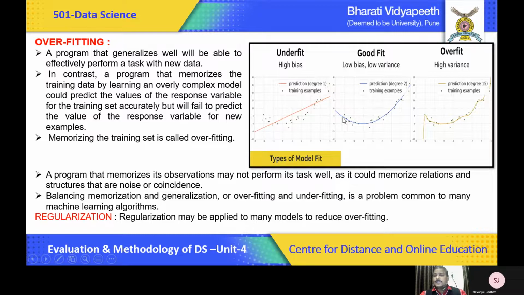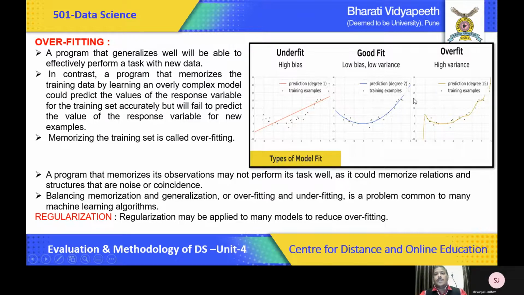Now fit, exactly, it matches the line, suppose this is a function. And overfit means more than the predicted value, you can see here it goes over the limit. So overfit is high variance, good fit is low bias and low variance, and underfit is high bias, right?